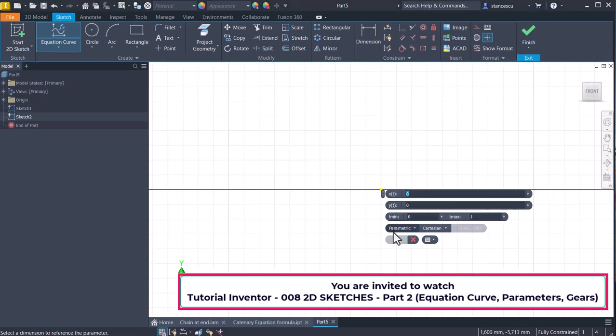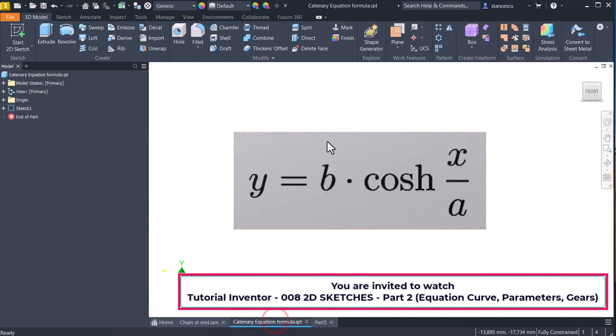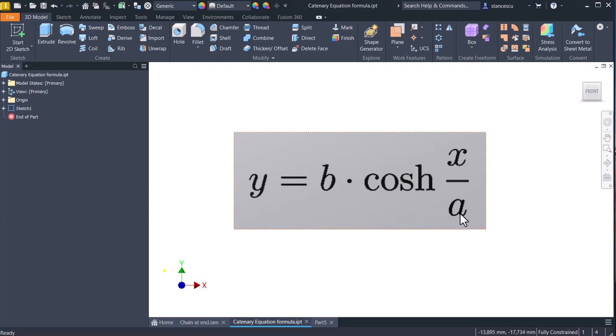We don't use a parametric equation but an explicit equation. I prepared some values now to transpose that equation, this one. Y is b multiplied by hyperbolic cosinus of x divided by a. B and a are 2 values I'll explain to you.